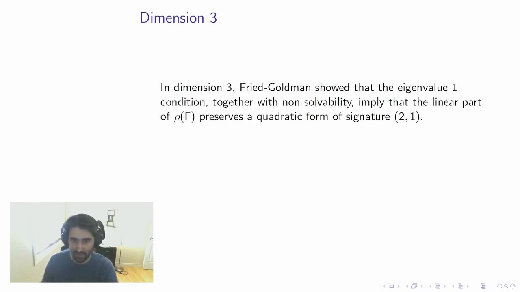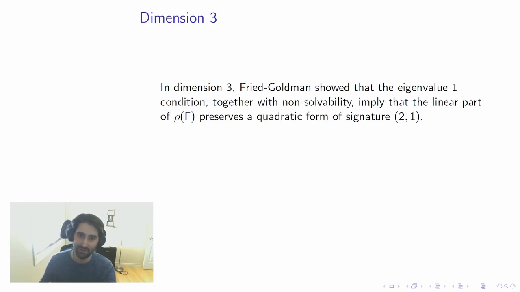Now, what happens in dimension 3? So this is where it starts to get interesting. In dimension 3, Fried and Goldman showed that this eigenvalue 1 condition, which is also what we used even in the R case, right? The important thing was that your linear part needs to have eigenvalue 1 in order for you to not have any fixed points. This was what I said when I talked about the R case. So this turns out to be a really important condition in every dimension.